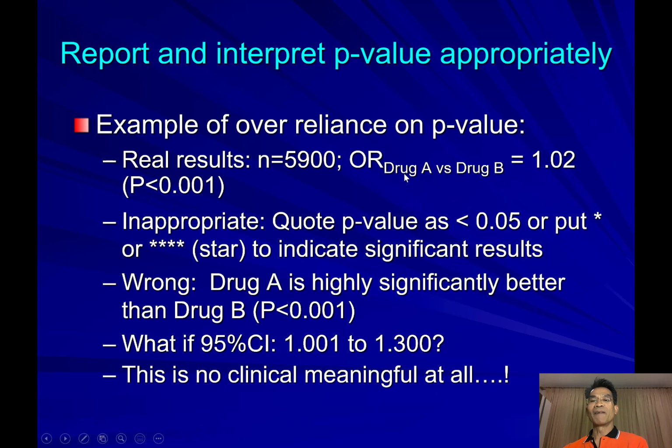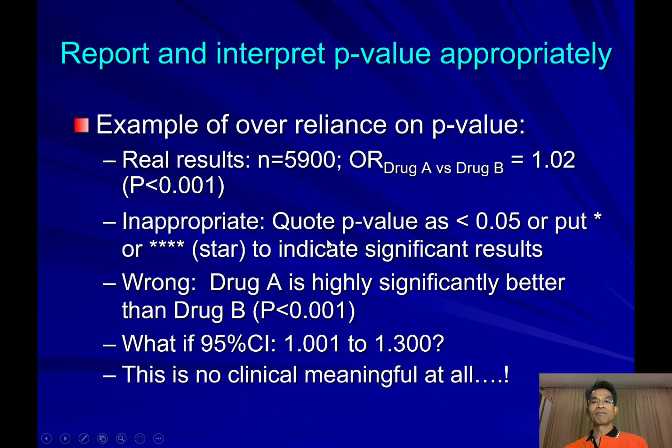I mean, for example, that drug A is more efficacious than drug B. It misleads the people, because you see the magnitude of effect is very small, but the p-value is significant.